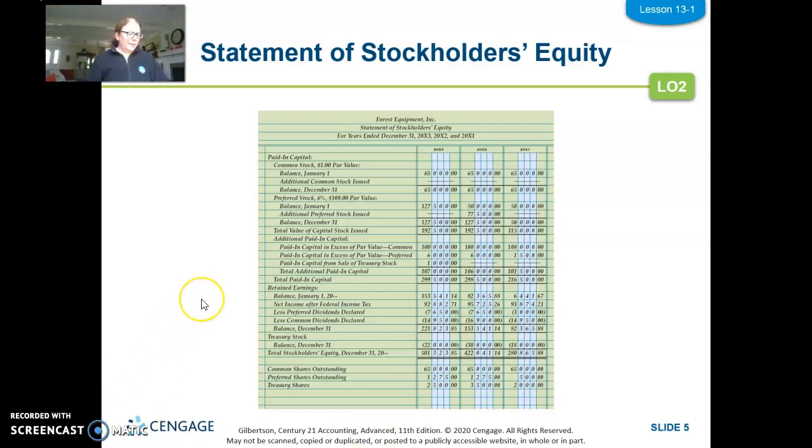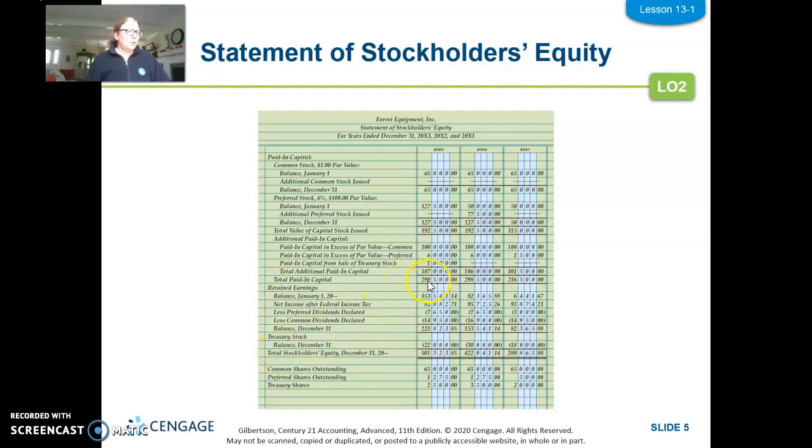And then the other thing that I would want to show you is just the format again, what's on this. So paid-in capital, which includes common stock, preferred stock, and APIC. And then it has retained earnings, treasury stock to get to equity.